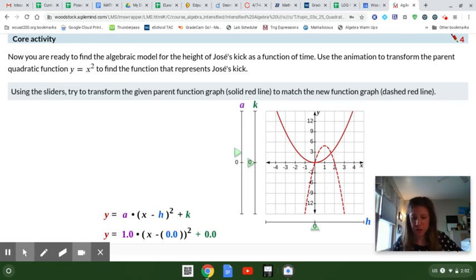Where is this on 271? No, let's see. Yeah, you know what? This one is great. Sorry. I'd re-record if I could, but I've already written all over your book. So this one is great if you can just focus on the solid line. This dotted line is actually from number 4 on page 270 in your book, trying to get you to match up those graphs. You're welcome to do that.